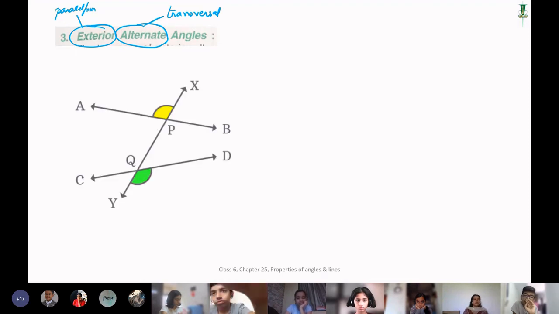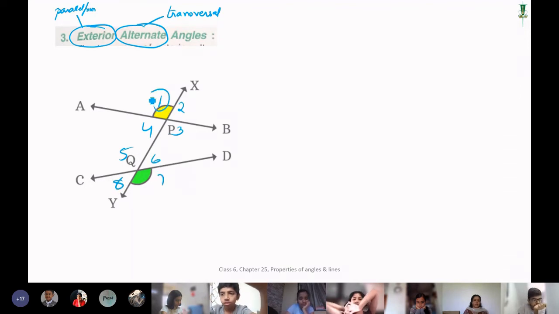So here, exterior and alternate angles are these. Let me again name them 1, 2, 3, 4, 5, 6, 7, 8. Look at 1 and 7. Alternate and allied will always be with reference to the transversal, so it will be a comparison between two angles.